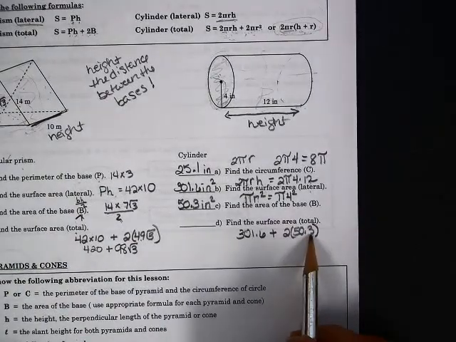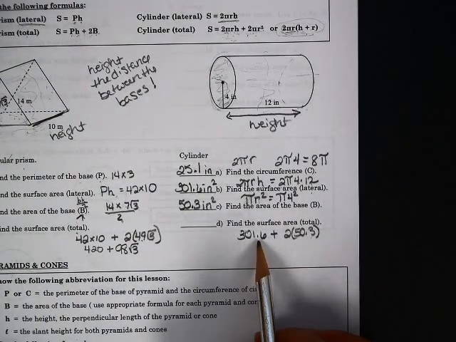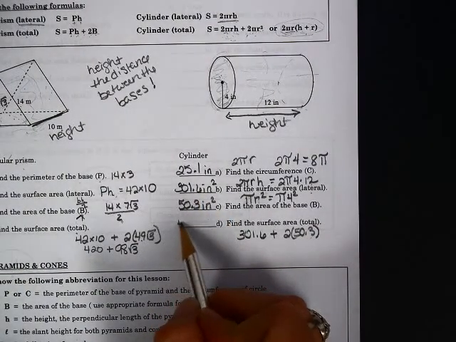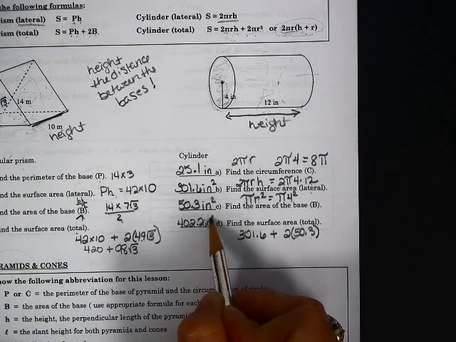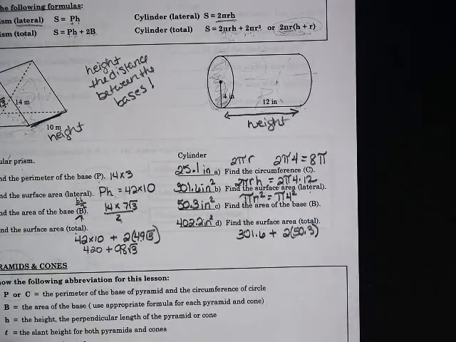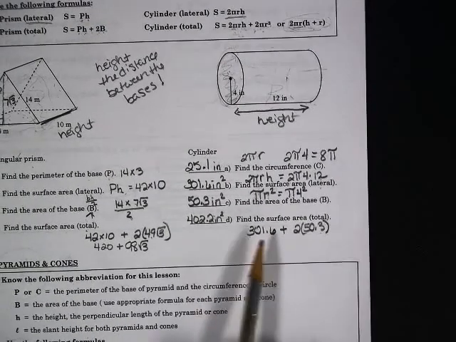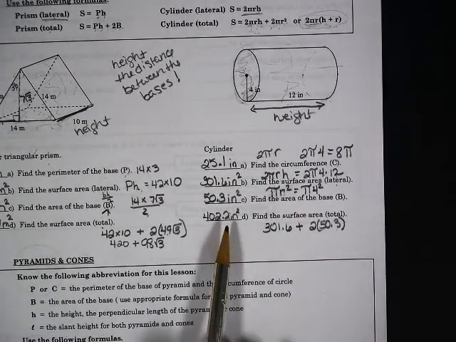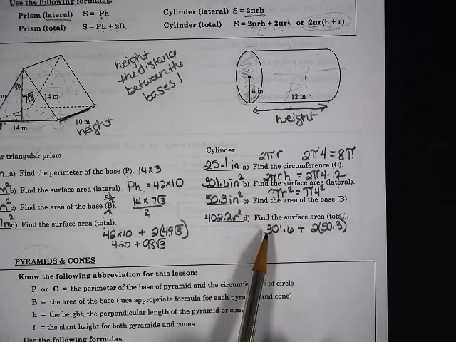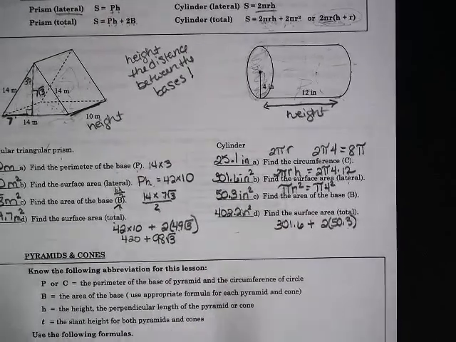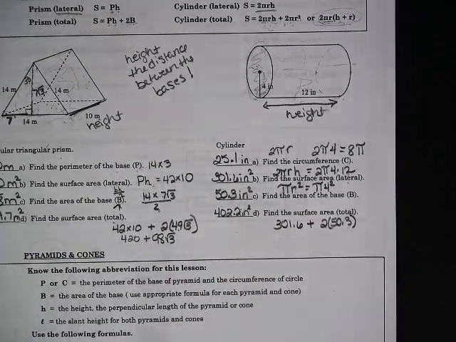We multiply that out and add it to 301.6. We get about 402.2 inches squared. Okay. I'm not putting this in my calculator for y'all just because it's standard operations and there's nothing tricky in these. And I'm just kind of trying to save time in the length of these notes.